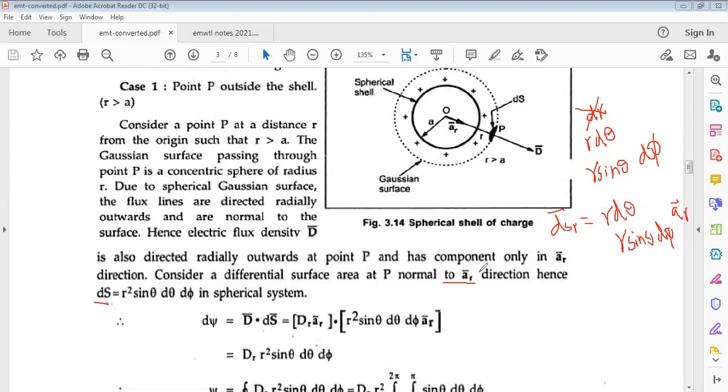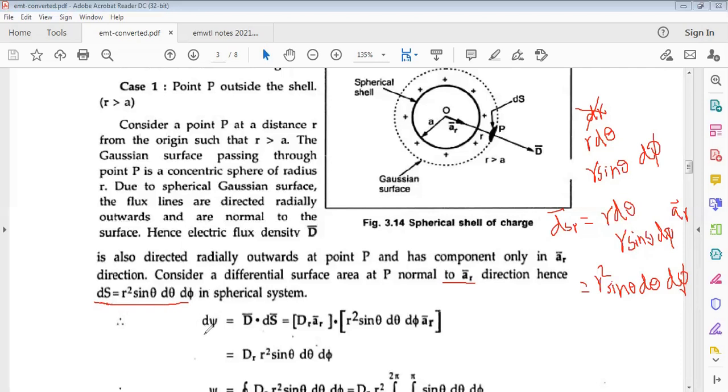Got it, my dear friends? So now r into r becomes r square sine theta d theta d phi, the differential surface area normal to the r direction. In magnitude, we can take r square sine theta d theta d phi.